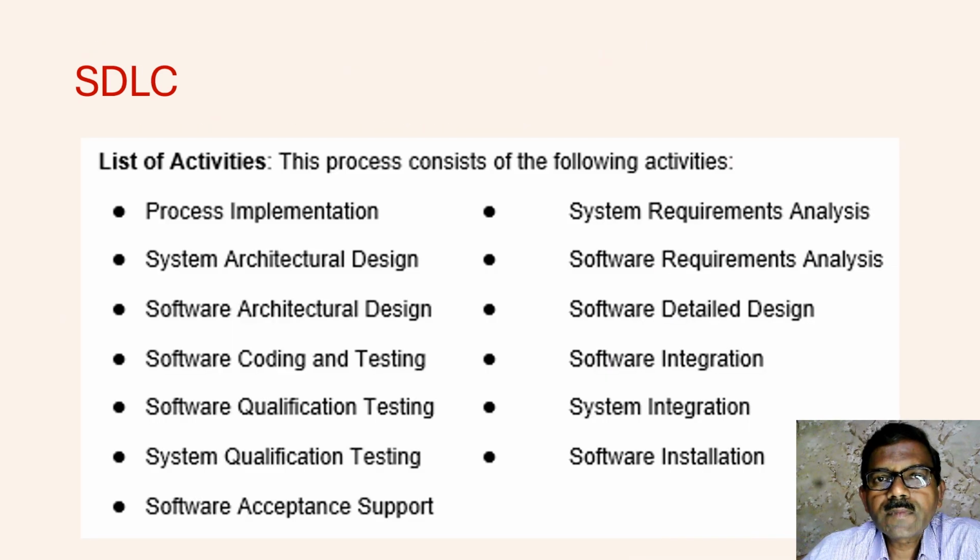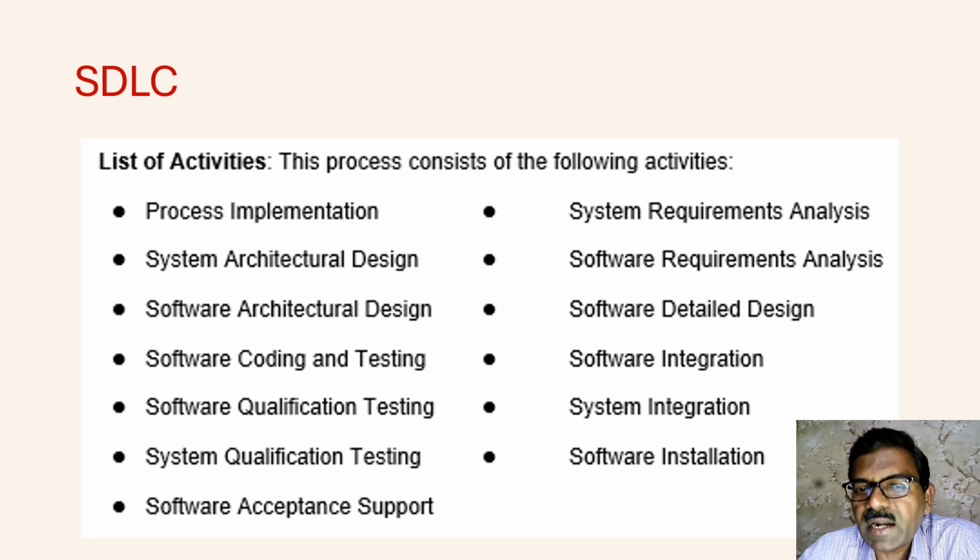Now, in the SDLC cycle, there are various activities which define different processes. Obviously it starts from requirement analysis, so system requirement, software requirement, then we go for design. So it is a process that we have to implement. Every analysis is followed by process, followed by design, followed by testing, and then followed by acceptance and support.